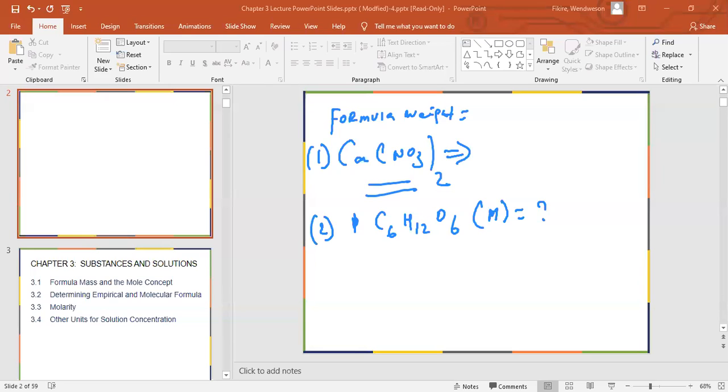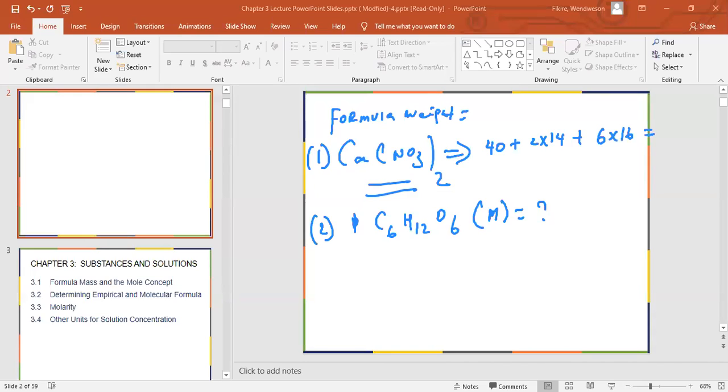Just to save our time, when you do a calculation for an ionic compound, you call it a formula unit. For example, I don't have a periodic table, but I can say that calcium is approximately 40. You have nitrate here, you have 2 times 14, and you have 6 times 16.